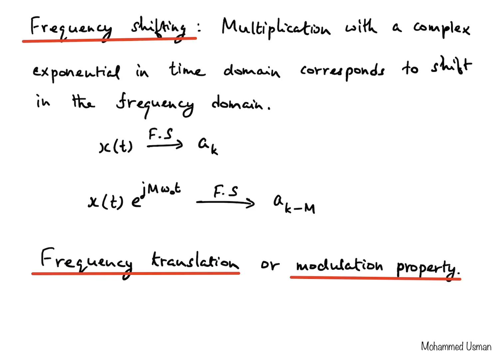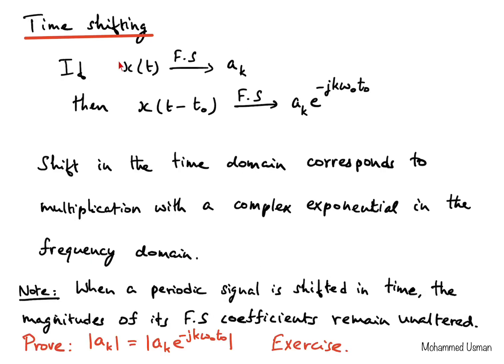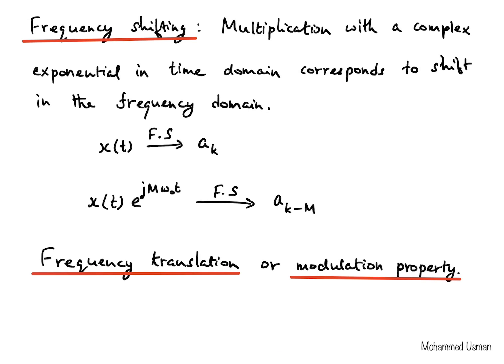The next property of Fourier series that we are going to talk about is called frequency shifting, which is like the converse of the time shifting. So in time shifting, when we shift in the time domain, it gets multiplied with a complex exponential in the frequency domain. Similarly, when we multiply a signal with a complex exponential in the time domain, its Fourier series coefficients get shifted in the frequency domain.